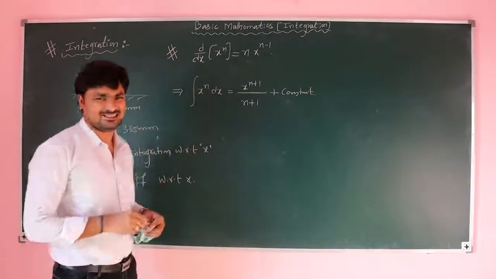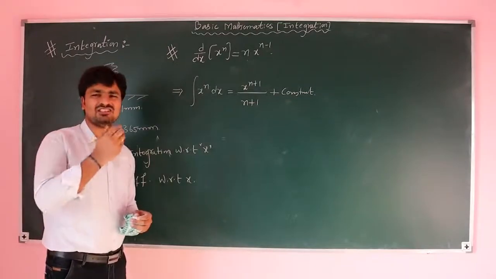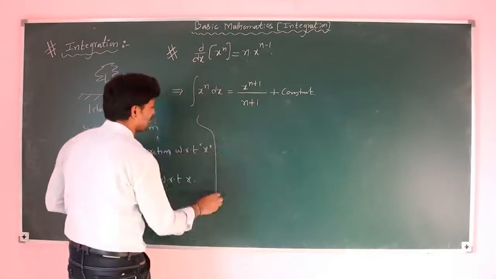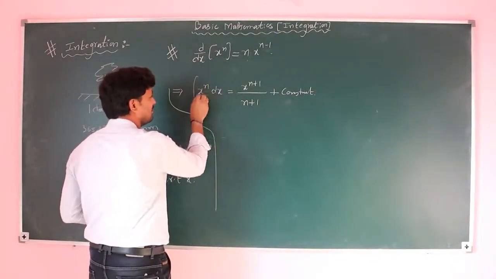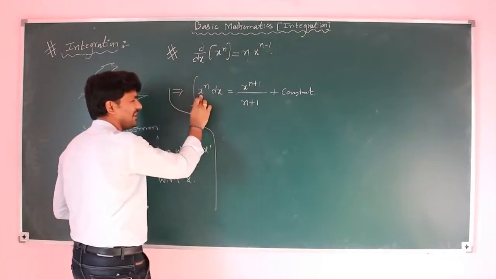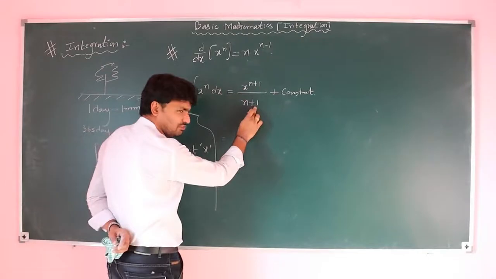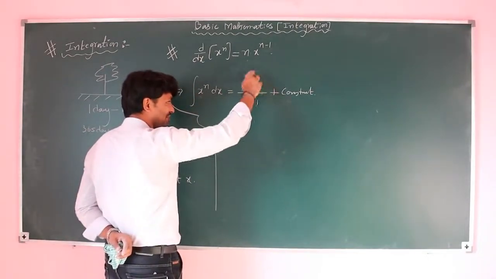We will discuss that later. Now I am going to check whether the equation is correct or not. First of all, I take the function x power n and integrate it. We got x power n plus 1 by n plus 1. Now I am going to differentiate this function.